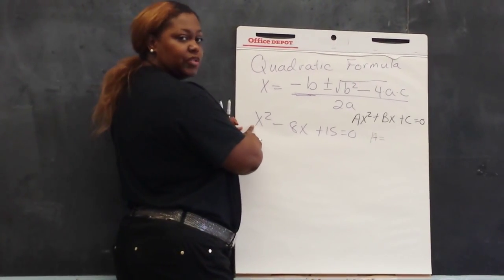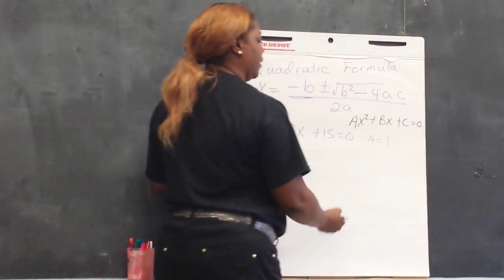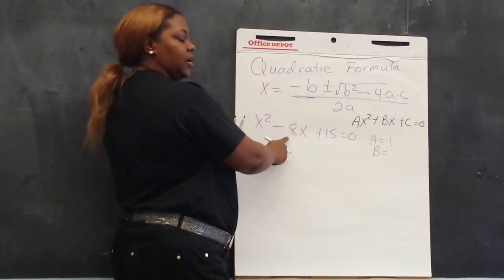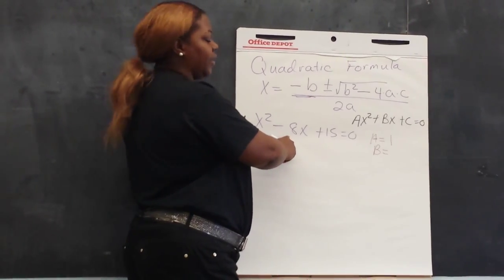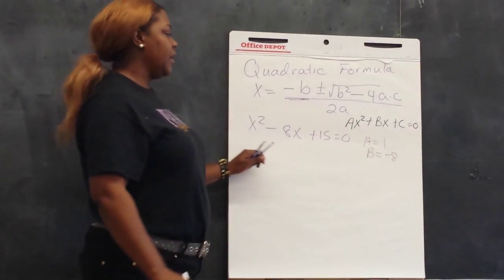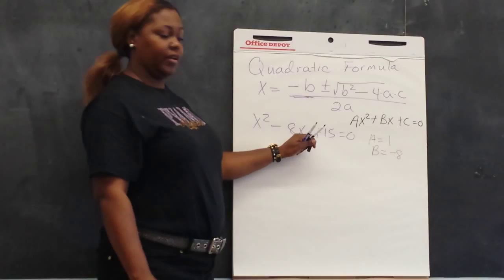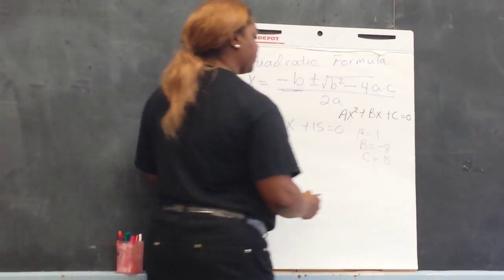It's understood that if you don't see a number there, it's 1. So, a is 1. Your b value sits in front of the x, and you have to take the sign with the number, so b is negative 8. And your c, again considering the sign, is 15.